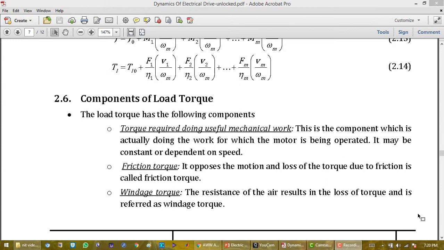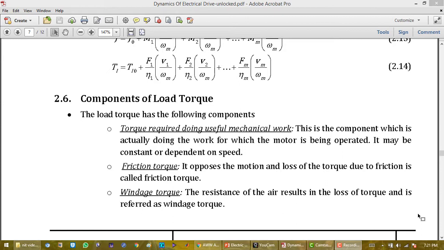Now the load torque has the following three components. First, the torque required for doing useful mechanical work, which is the prime component of the load torque, for which the motor is being operated. It may be constant or it can depend on speed.